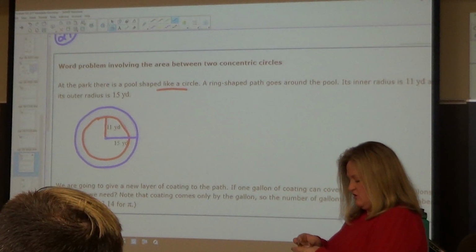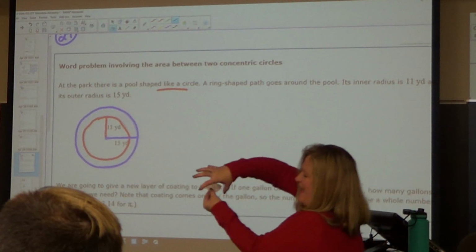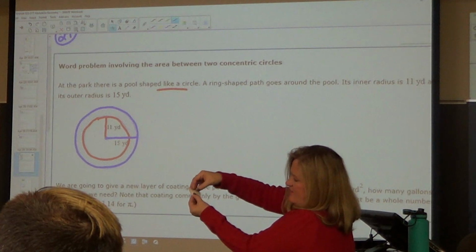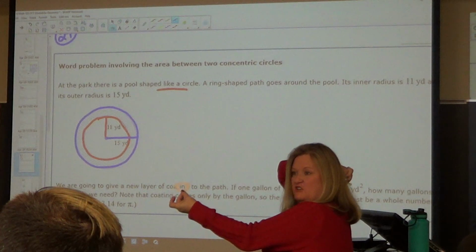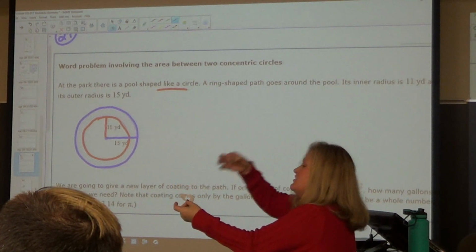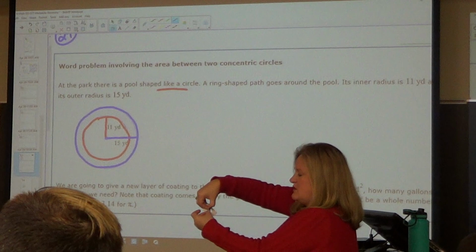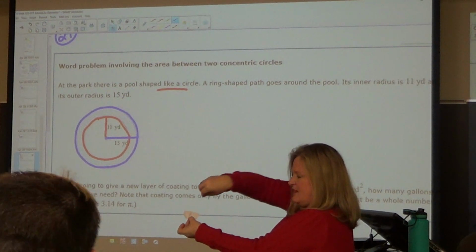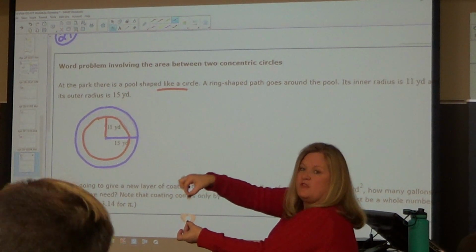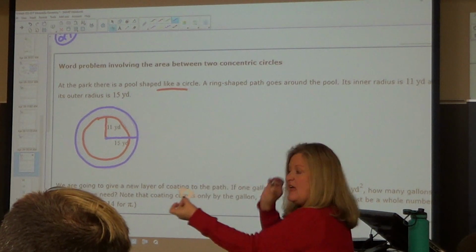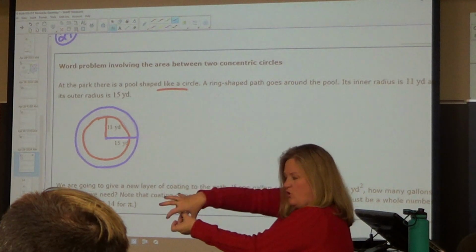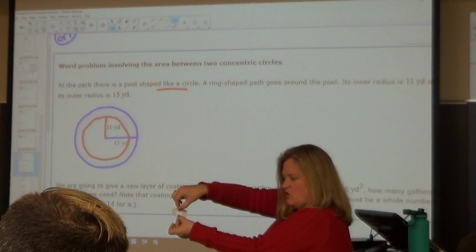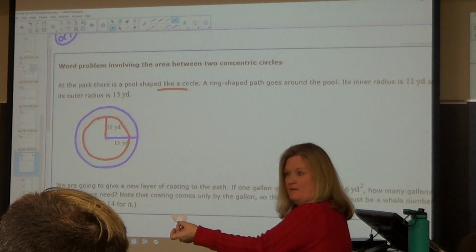So let me show you. It's like two cookie cutters. You have the outside cookie cutter, and then you have the inside cookie cutter, and if you remove the inside cookie, do you see that you make like a donut? So if we made old school donuts, we could take a big cookie cutter and then a little cookie cutter and remove the donut hole, and we would be left with a donut. So we're going to take the outside circle and the inside circle, and we're going to subtract them.